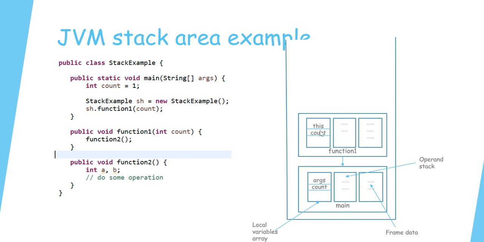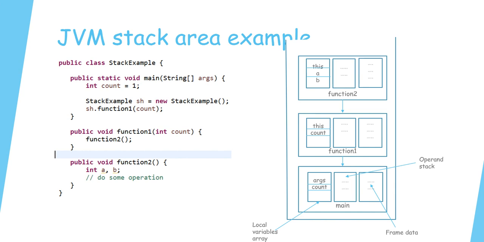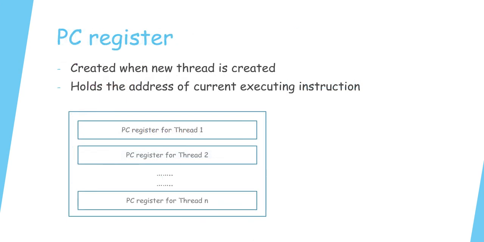That is why this is a parameter which is getting passed by the JVM to this function. And we have this count, which is nothing but the local variable which we are passing from the main method to function1. When function1 calls function2, a new stack frame will be pushed to this JVM stack area, and it will also have its own local variables, frame data, and operand stack.